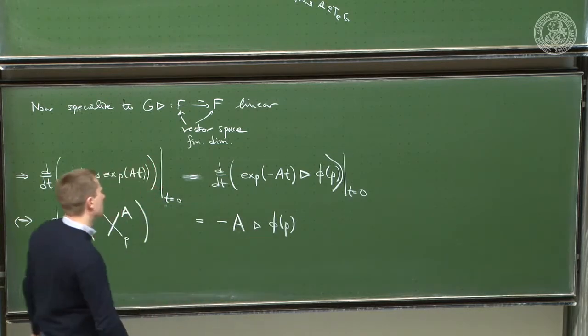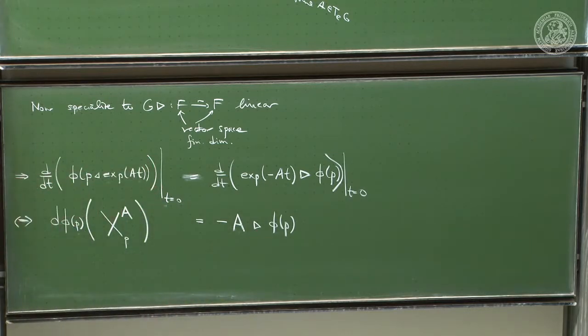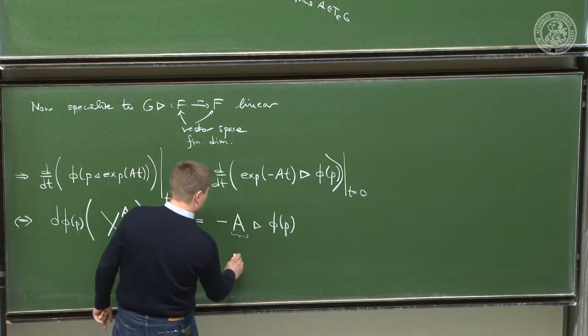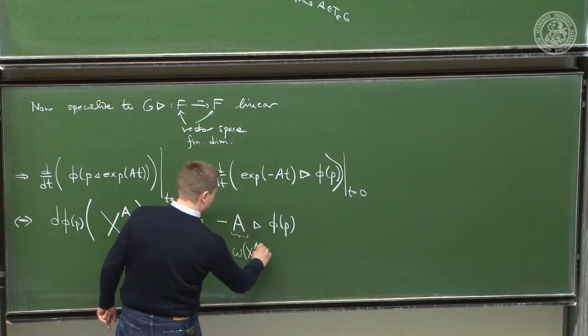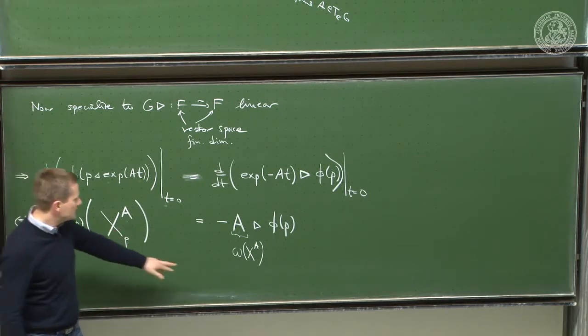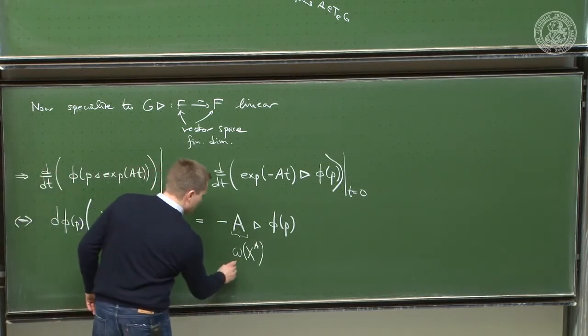Okay? Aha. But now it's also neat to write this A as the omega of x up A. It's the same x up A as here. And what's the omega? Omega is the connection 1 form.